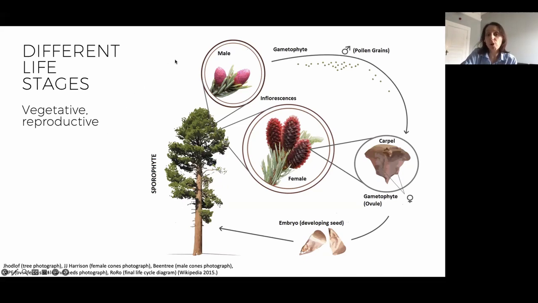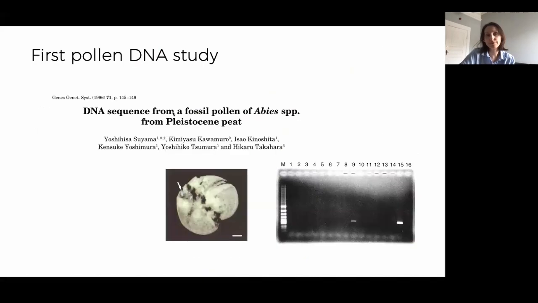And then we can also get pollen and seeds, which represent the reproductive phase. And by extracting the DNA from these different life stages, we can more comprehensively understand the response of a certain population of a certain taxa to environmental change. Okay, so these are all the advantages.